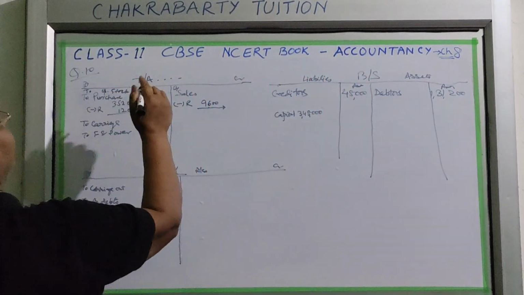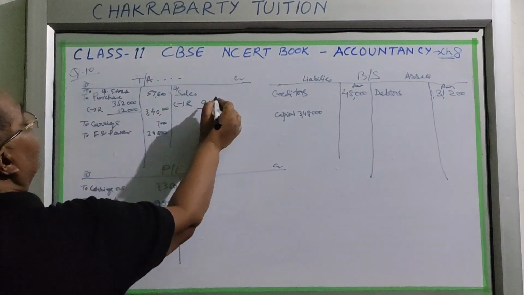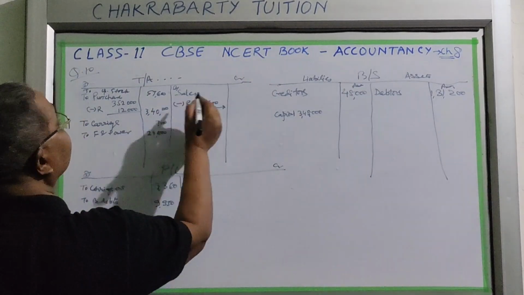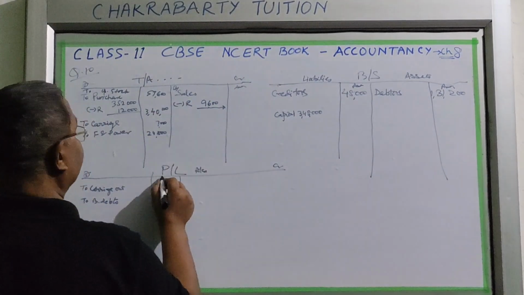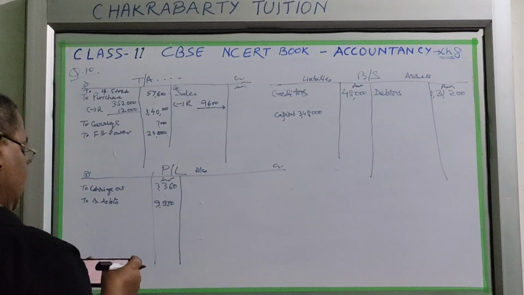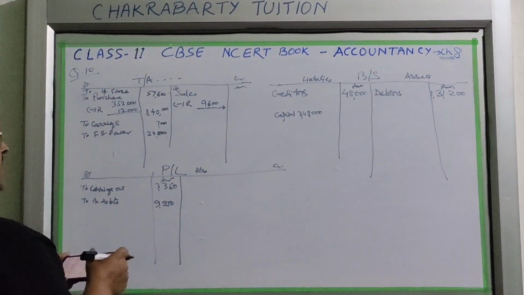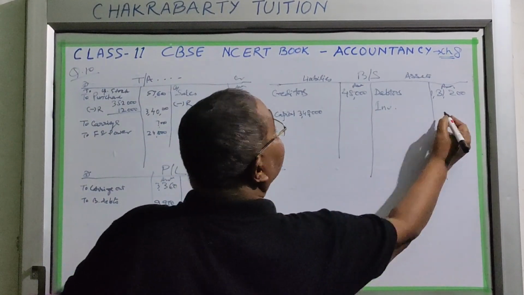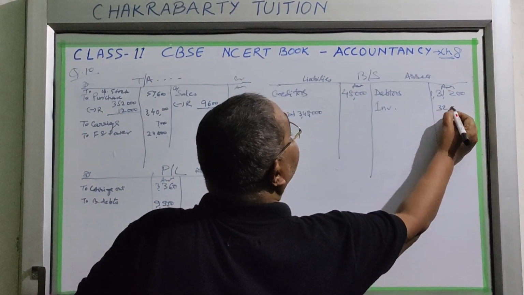Here particulars you will write, and this one, right. Okay, this is your amount column. Capital investment is your 32,000. It is on the debit side, so you will write here. Investment is your 32,000.